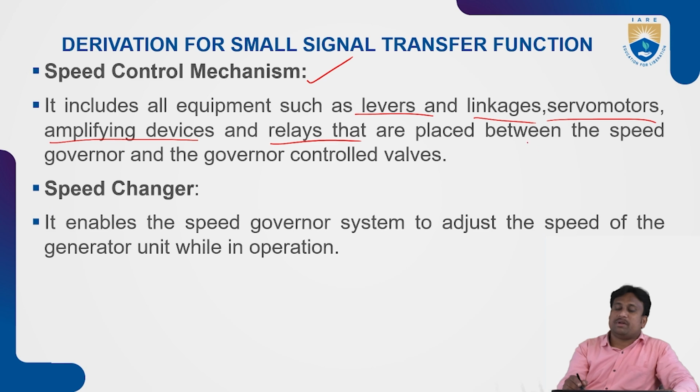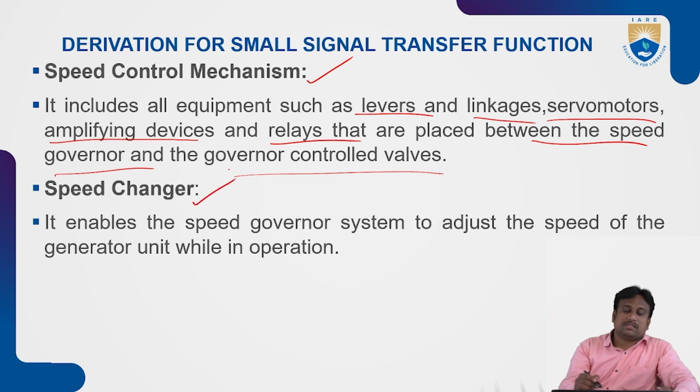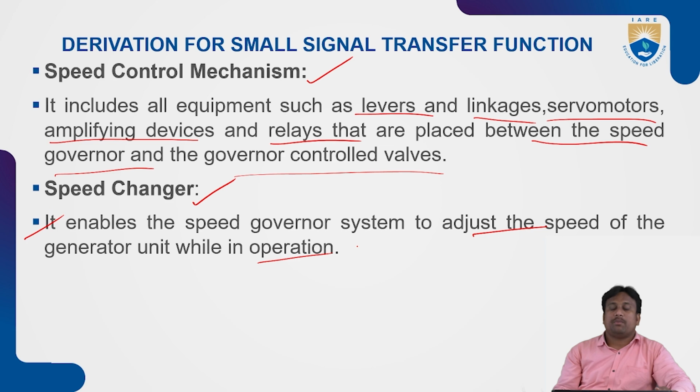They are placed between the speed governor and the governor controlled valves. Then there is the speed changer, which enables the speed governor system to adjust the speed of the generator unit while it is in operation.